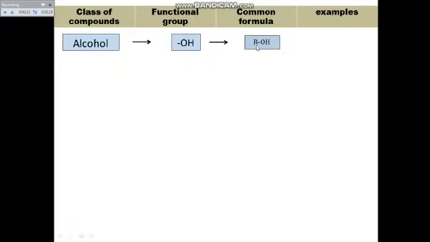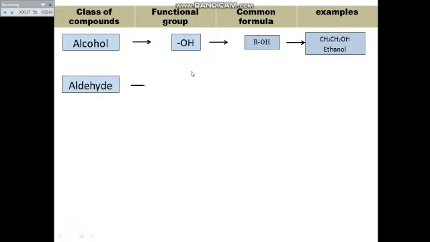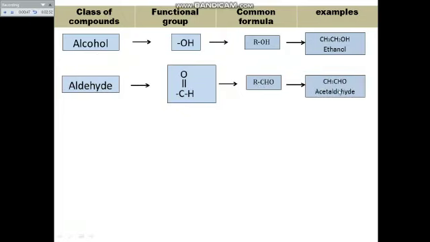So R means any alkyl group. Example, CH3CH2OH. This is ethanol. And then next, aldehyde. The functional group is CHO. The common formula is RCHO. Example, CH3CHO, acetaldehyde.